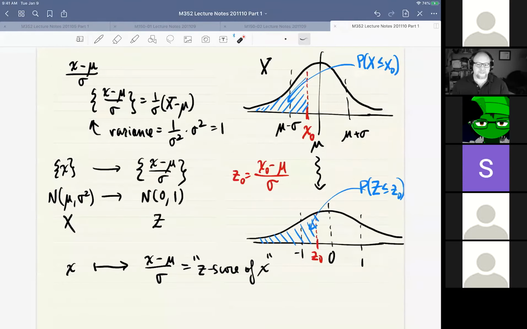Then suddenly their scores are comparable to everybody else's, because you're getting rid of their internal bias and their internal spread. So this idea of z-score is a useful one even outside of our class.